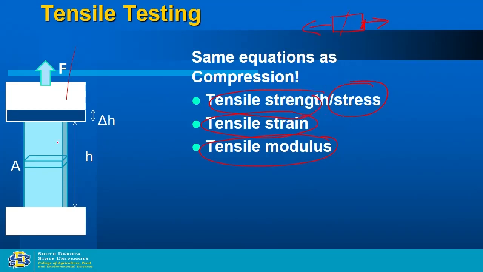Even if the clips hold that material, chances of breaking at the middle are very, very slim. It may break here instead. It is very difficult to break at the middle.